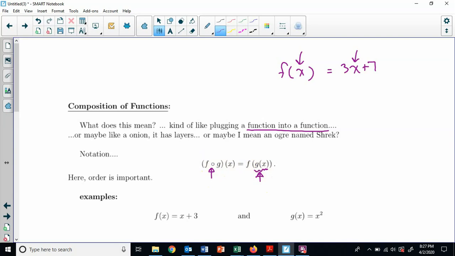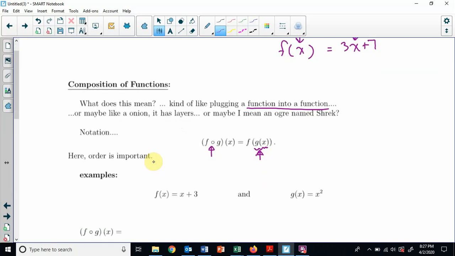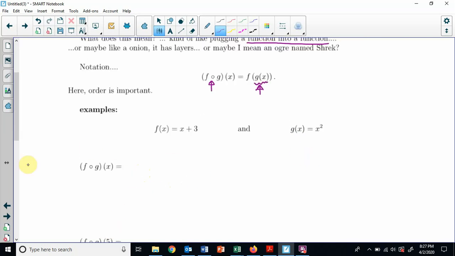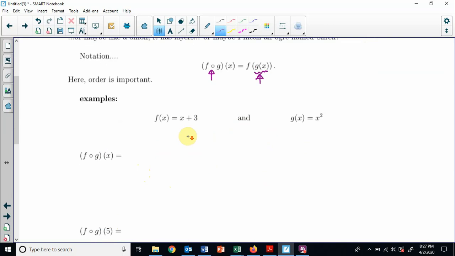Okay. Now, usually people teach this with doing a number first and then doing the generic x. I find it easier to plug in the x first and then try some numbers. Okay, so here's our two functions. Let's do some examples. So I got this function f and this function g. Okay, there they are, x plus 3 and x squared. So look at this one, f of g of x.